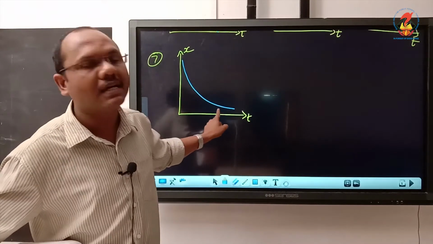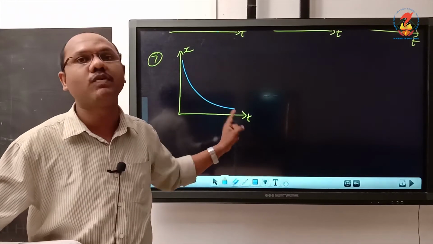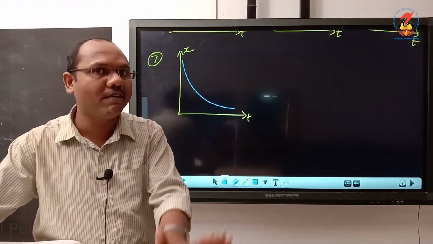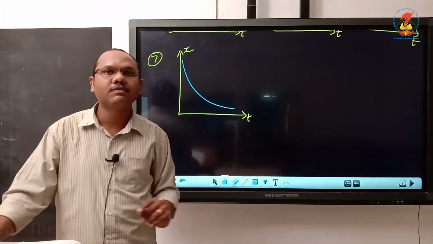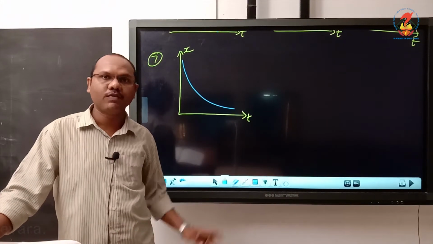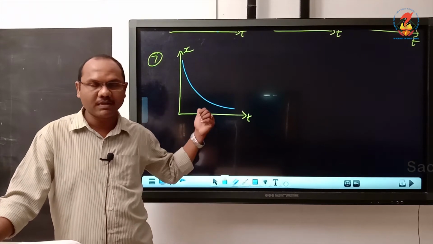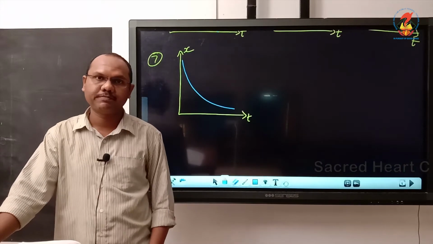So this is the graph where the body decelerates, but the body is moving towards the origin. In the previous graph, the body was moving away from the origin with deceleration. Here the body is moving towards the origin with deceleration, right? Uniform deceleration, the body is moving towards the origin.